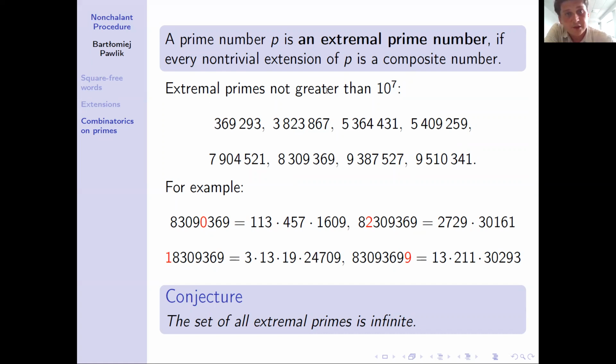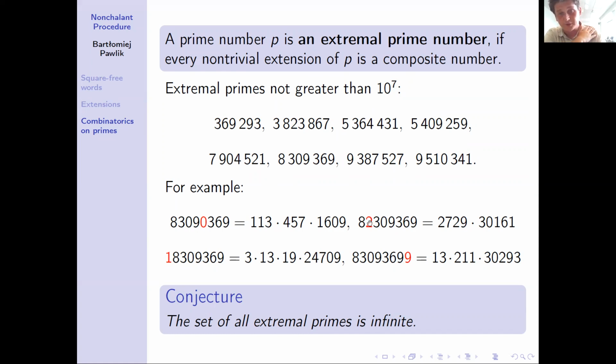We found some extremal primes not greater than 10 to the power of 7, and there are 8 of them. It looks like this. For example, I took this one and putting some random digits every time we get a composite number, and it works for putting any digit anywhere.